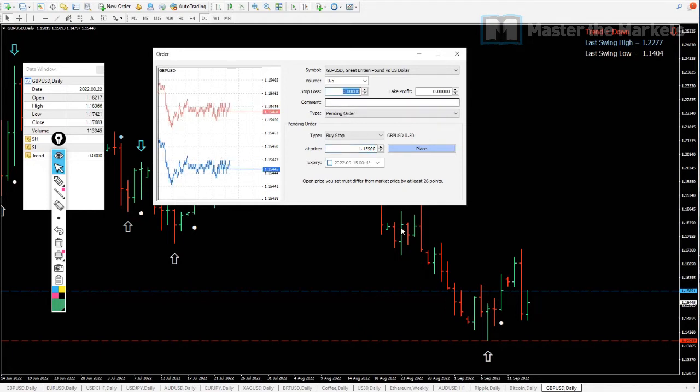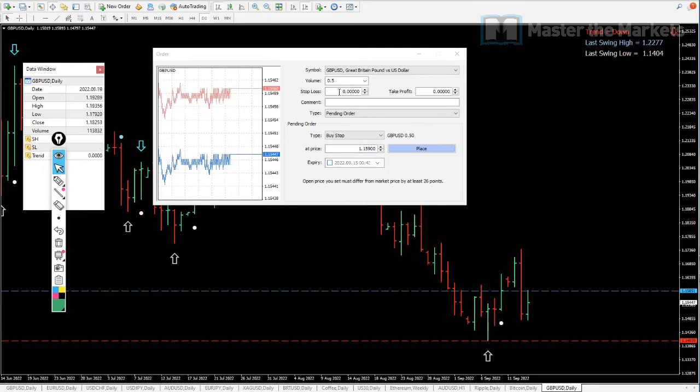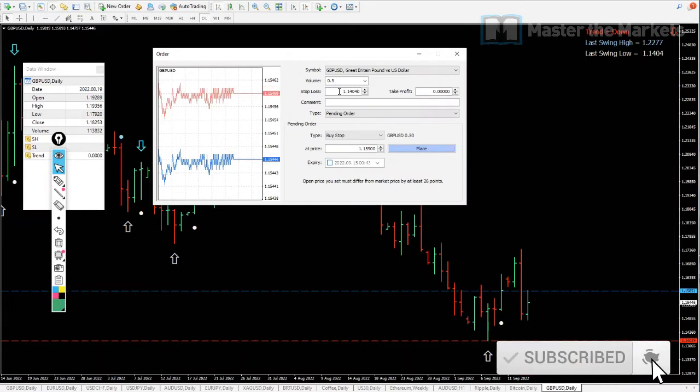And then after that, the stop loss here is for the low of this bar, which is also the monthly low as well. So that would be 1.1404. 1.1404 is our stop loss. The take profit level, we will place it later as the trade progresses along.